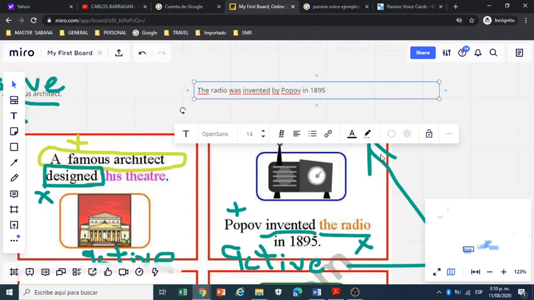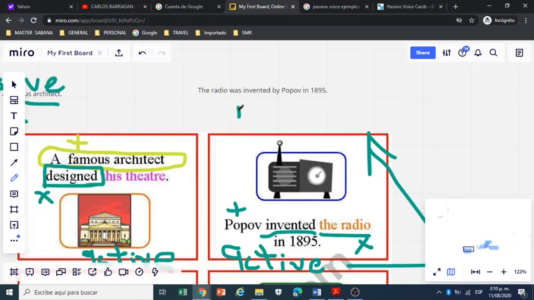Okay, so this sentence is in passive voice because the most important thing is not the person but what was done.